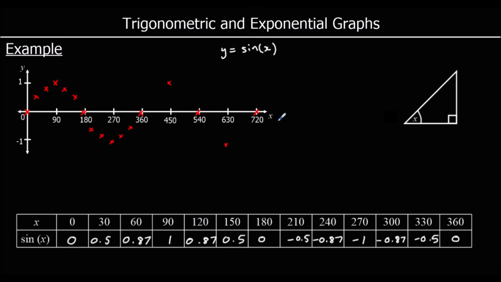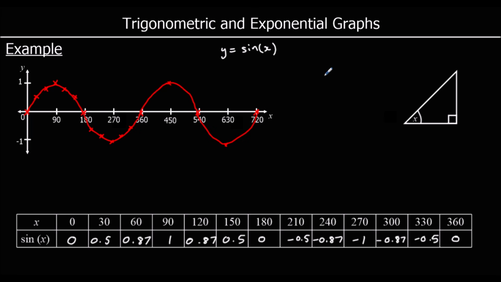And it will repeat over and over again every 360 degrees, or it could repeat backwards. We could go backwards and repeat the same shape. So this is our graph of y equals sine x.